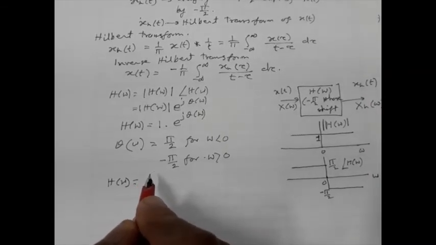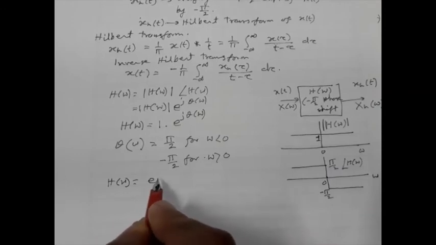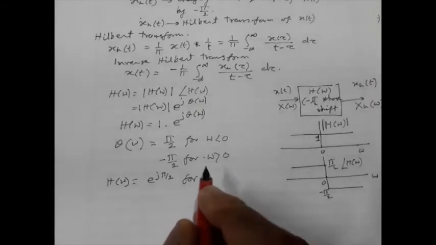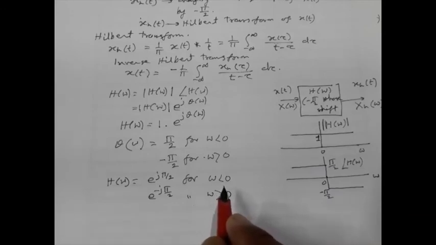So h omega can be rewritten as e to the power j pi by 2 for omega less than 0 and e to the power minus j pi by 2 for omega greater than 0.